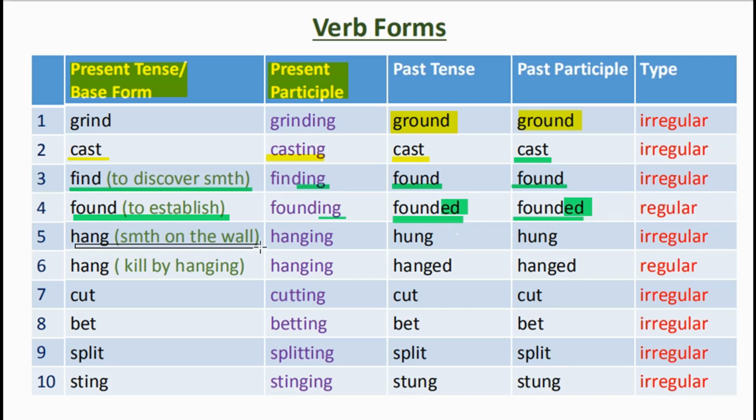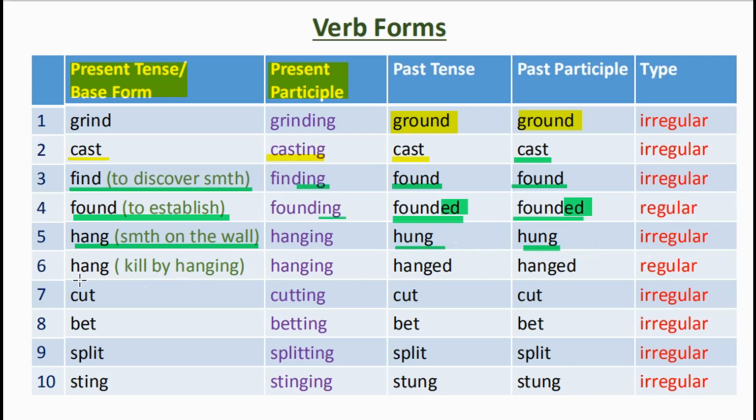Number 5, hang. When it means to put something on the wall, to suspend something like a picture, like a photograph on the wall, hang, then the past tense is going to be hung. The past participle is still hung, H-U-N-G. It is an irregular verb.